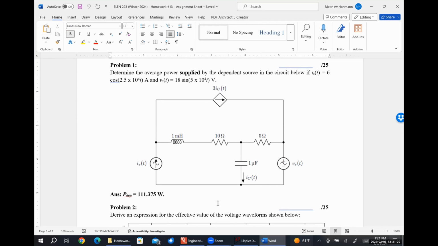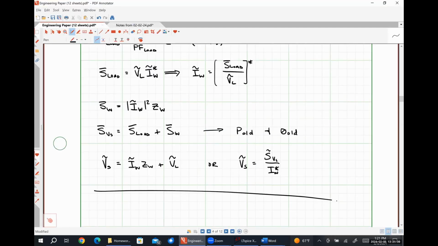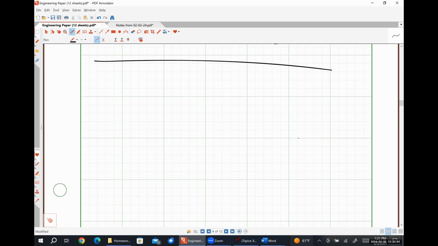Determine the average power supplied by this dependent source. So it's a multi-frequency circuit, so you're going to have to do superposition and all of that kind of good stuff. So let's say VS on and CS off.